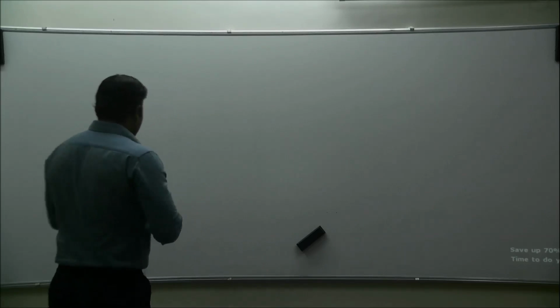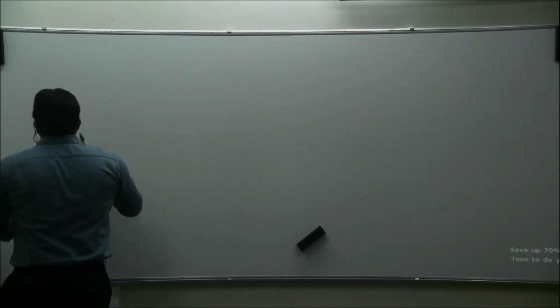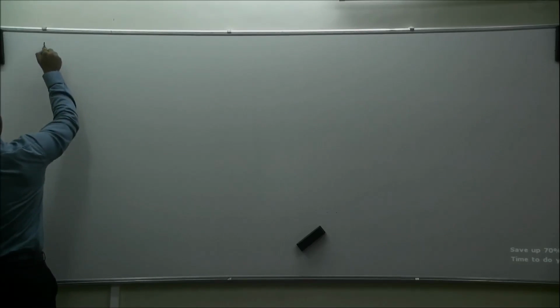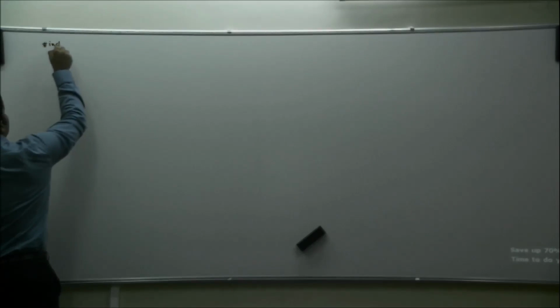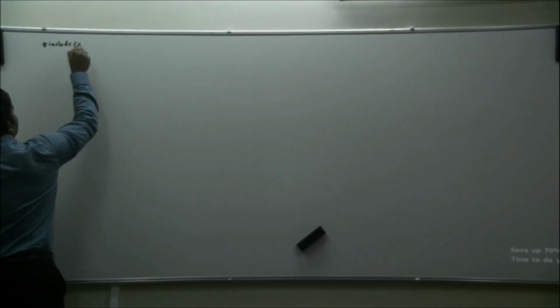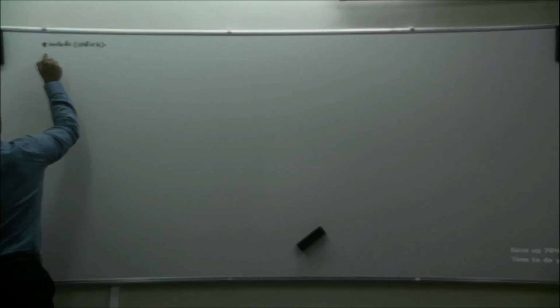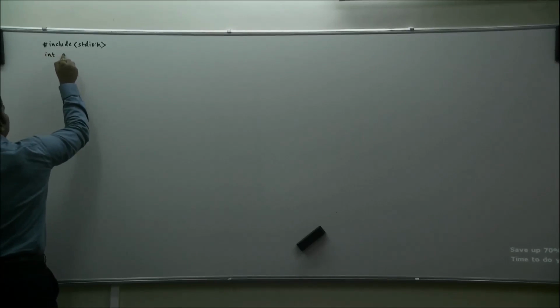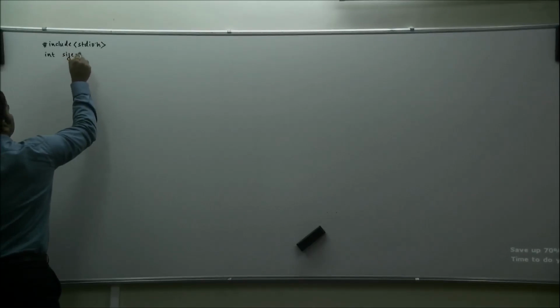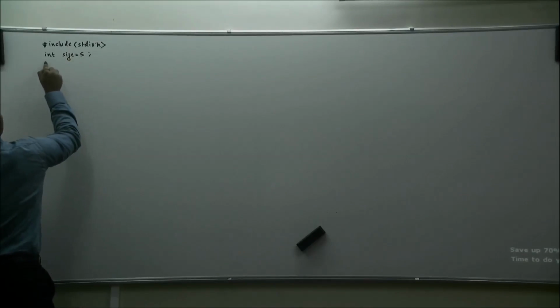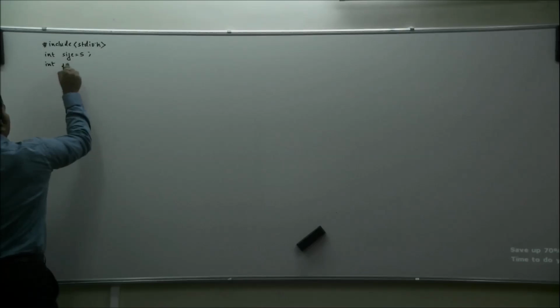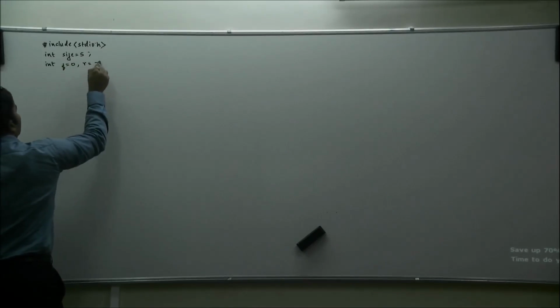Anyway, pay attention. I would begin by writing #include <stdio.h>. Next I will have to create a few global variables. I will create one variable called size with the value 5. I will create front equal to 0, rear equal to -1.